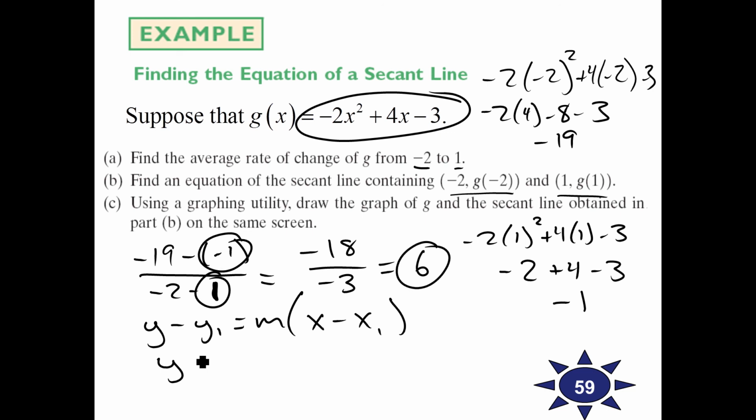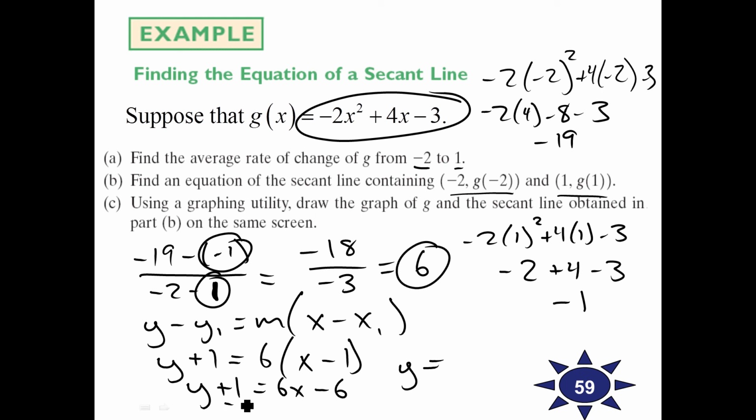So y plus 1 equals 6 times x minus 1. And so we could leave it like that if we want point slope. If we wanted slope intercept, we could clean it up. y plus 1 equals 6x minus 6. So y equals, we subtract the 1 from both sides, 6x minus 7.